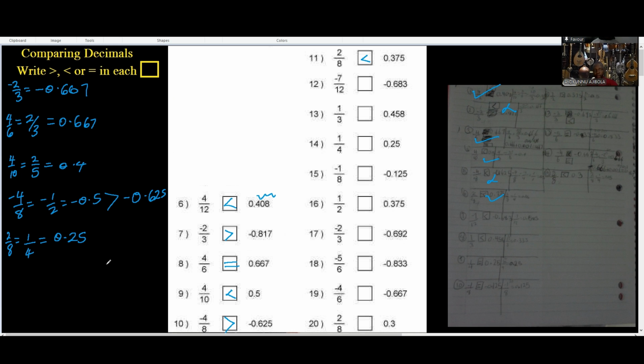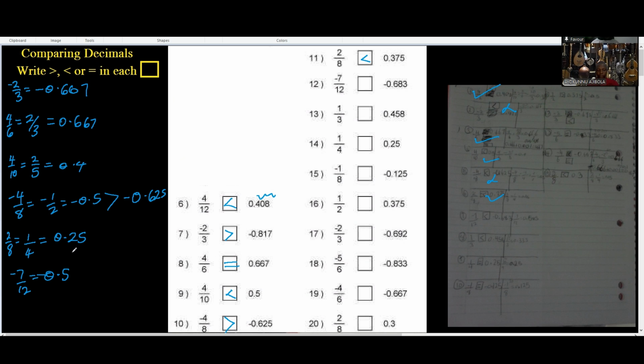Then minus 7 over 12. So 12 can go in 70. 12 is 5, which is 60. It will remain 10, right? Yes.